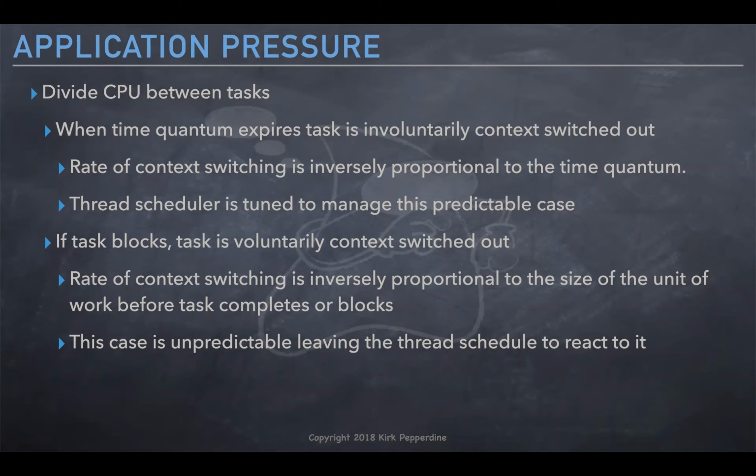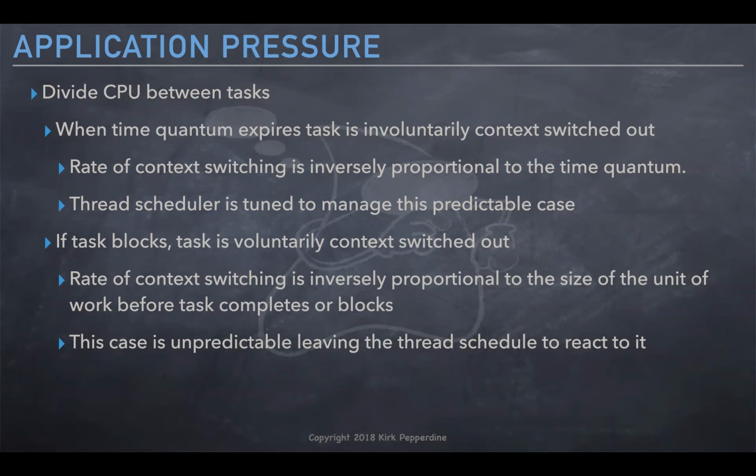Therefore, I'm relinquishing the CPU to something else. Now, in this case, the rate of context switching is inversely proportional to the size of the unit of work before the task completes or blocks. And this is a completely unpredictable case, and that leaves the thread scheduler always reacting to it. And while it's reacting, these cores are going to idle. They're not going to be doing anything.